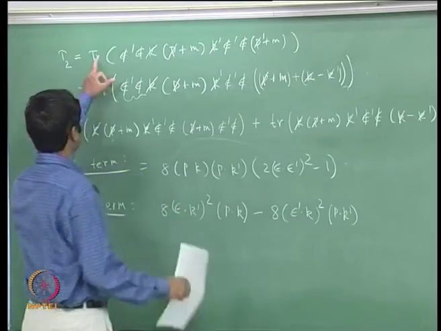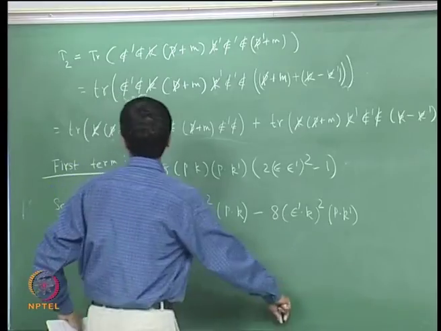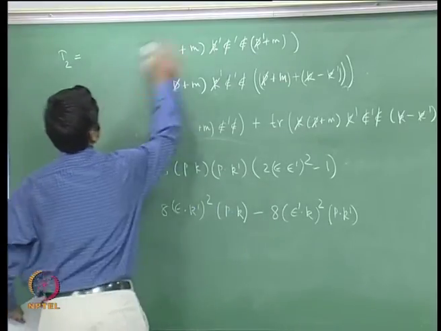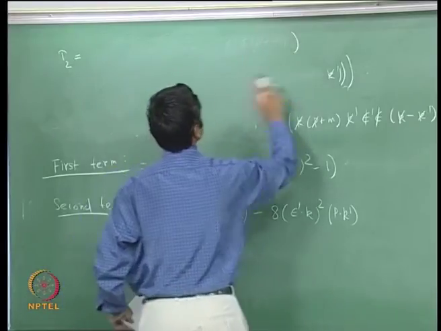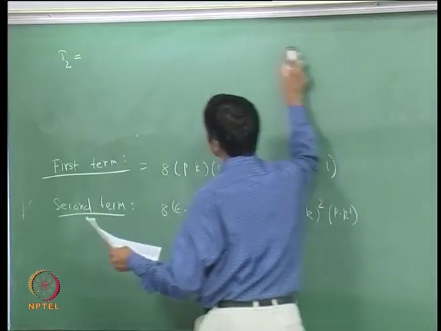So, T2 is nothing but the sum of these two terms. Therefore, I can simply add them to get T2.